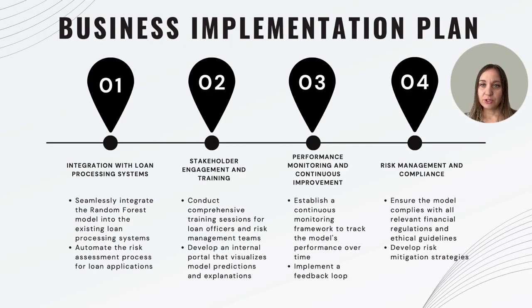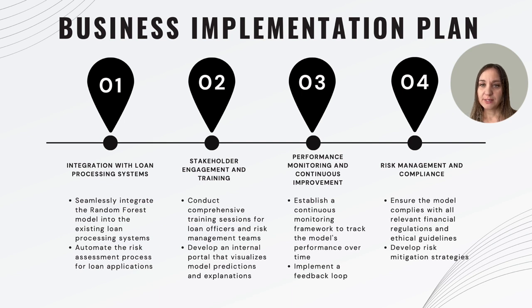To make the solution a reality, here's the plan. First, we'll bring this random forest model into the current loan systems. This means using the model to help us decide who gets a loan more accurately and quickly. Second, we are going to teach the team about how this model works. It's important everyone understands it, from loan officer to risk manager.